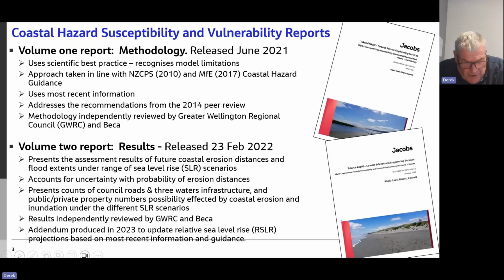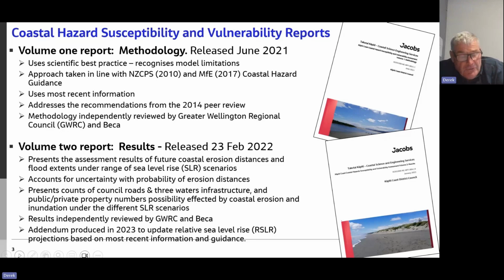The assessments recognise that the predictions are based on models, but the models aren't perfect predictors. They have limitations, so there is uncertainty in our results, and that is recognised in the way the models are done and how the results are presented. It's recognised in the Ministry for the Environment guidelines in 2017 on how to assess coastal hazards, and we've followed that methodology through into these assessments.